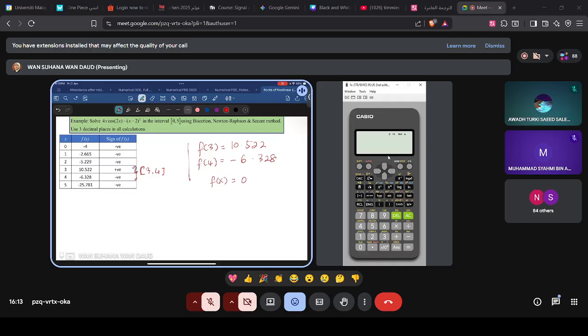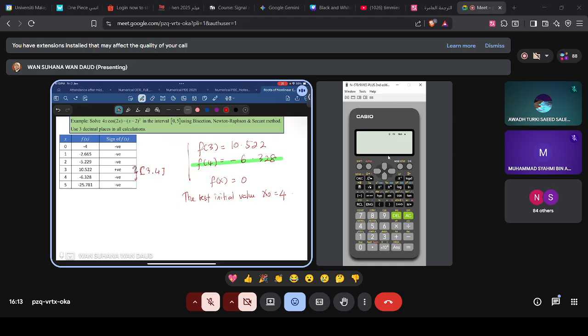Of course, you have to choose the initial value for which fx is closest to 0. So the best initial value should be 4, because if you choose 3, you will be involved with a lot more iterations compared to f4.